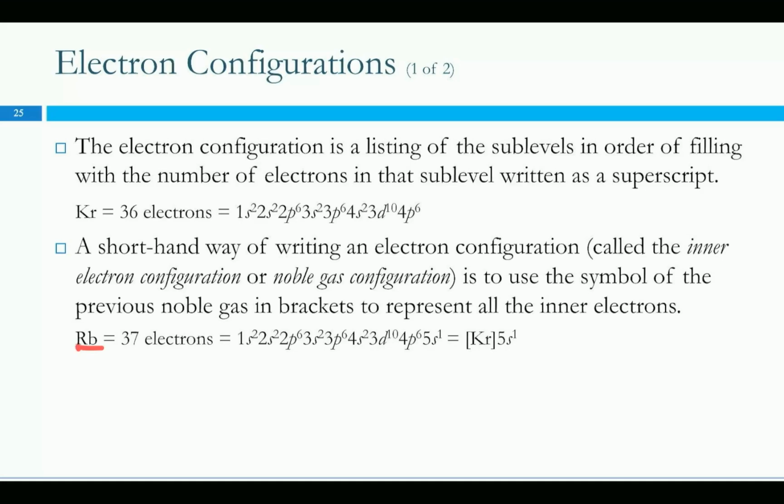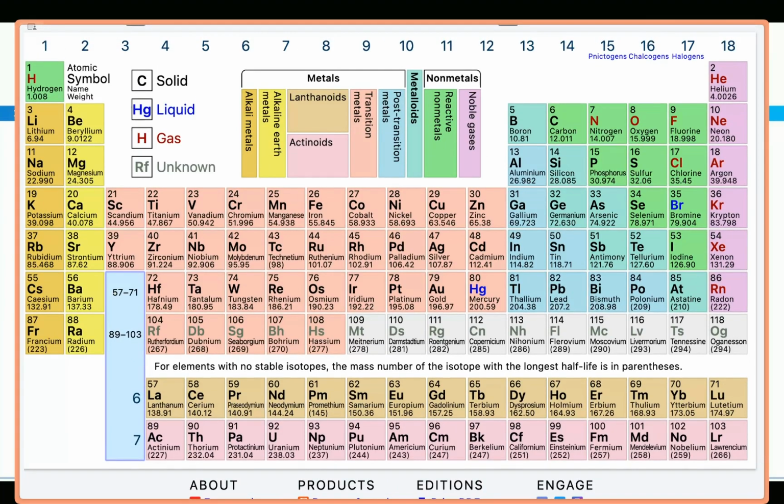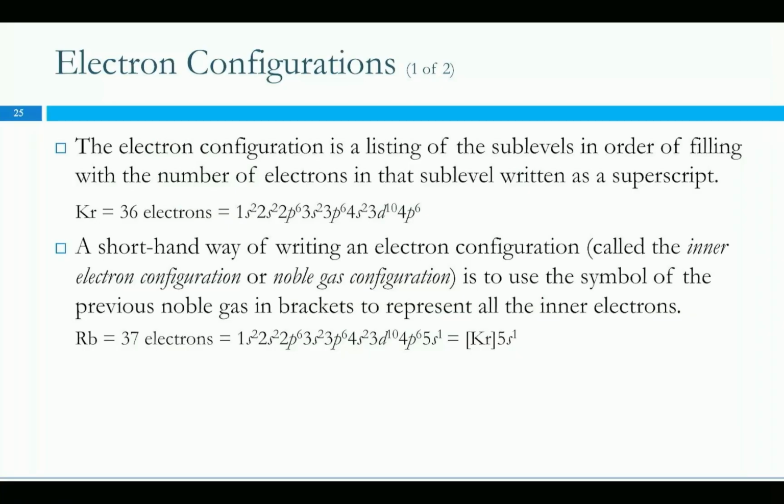Rubidium is down here. Instead of doing all of the electron configuration for all of these electrons up to krypton, we could just say rubidium has the same electron configuration as krypton plus one more electron. So you can take a shortcut and abbreviate your electron configurations, and rubidium could just be krypton 5s1.